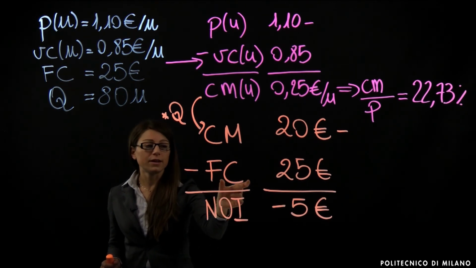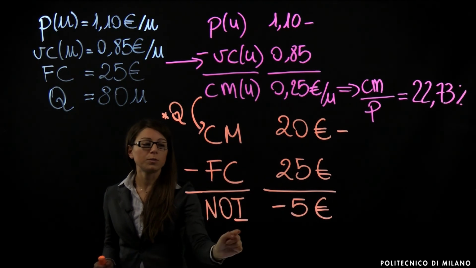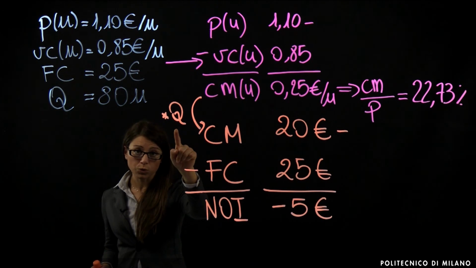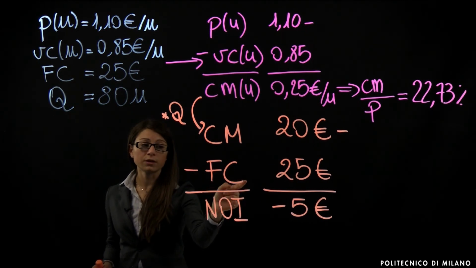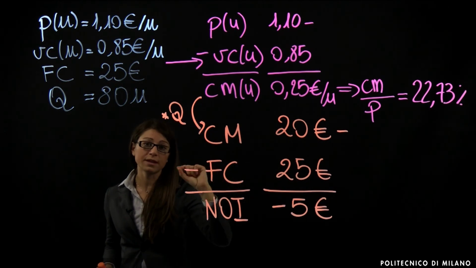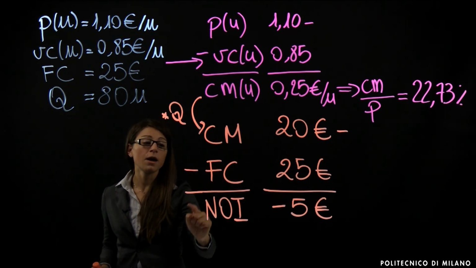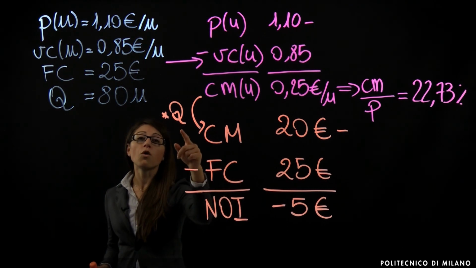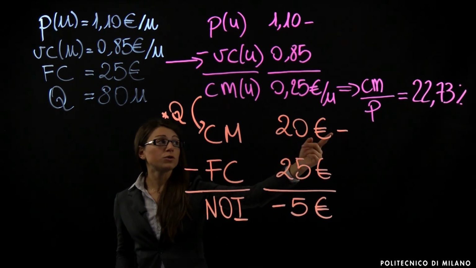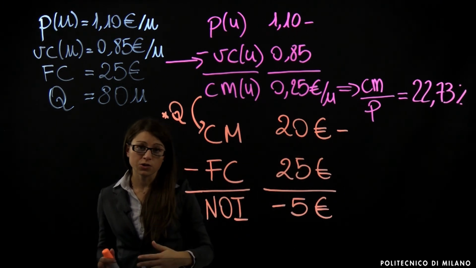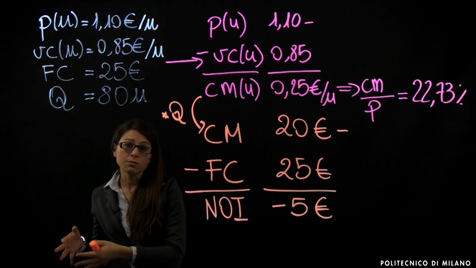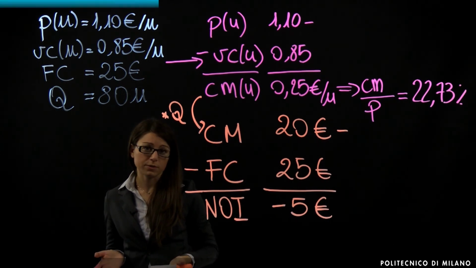It is not by chance that in the calculation of the net operating income we think in terms of overall quantity, because we cannot consider the coverage of the fixed costs in unitary terms. So to understand the impact on the net operating income, we need to reason in terms of the overall quantity that is produced and sold. And finally, we can also calculate the contribution margin ratio to understand in percentage the incidence of the contribution margin with respect to the unitary price.